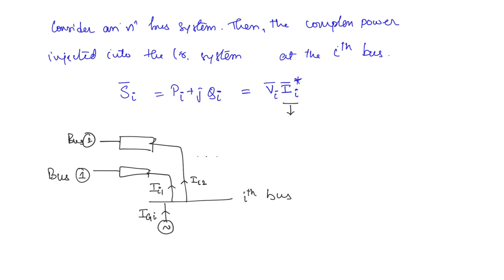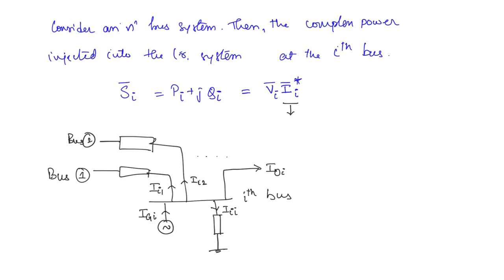Similarly you will have various other currents like that. Okay, and also you will have a load current, that is the current that is demanded by the load, delivered to the load. Okay, and also you can have one more term. What is that? The shunt. There will be some shunt parameter, right? So the current that is flowing into it, that is given as Iii.